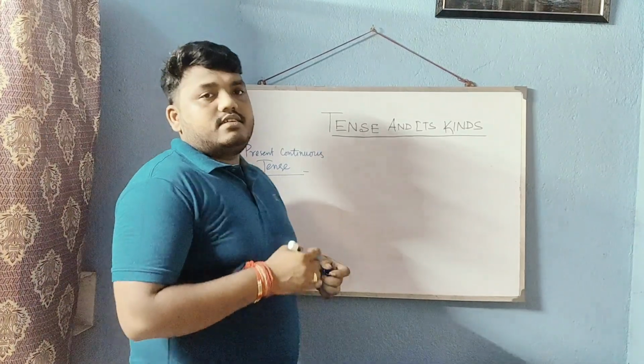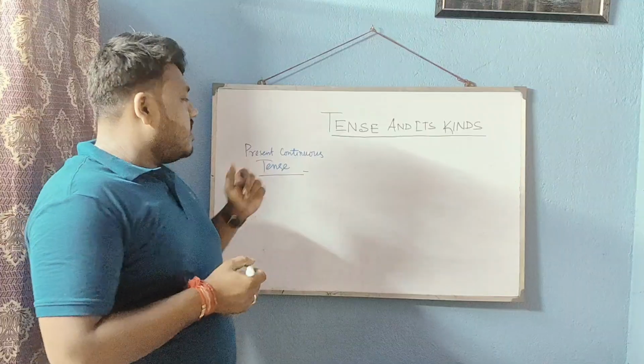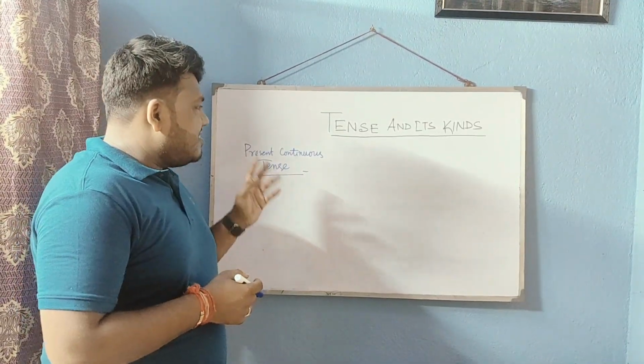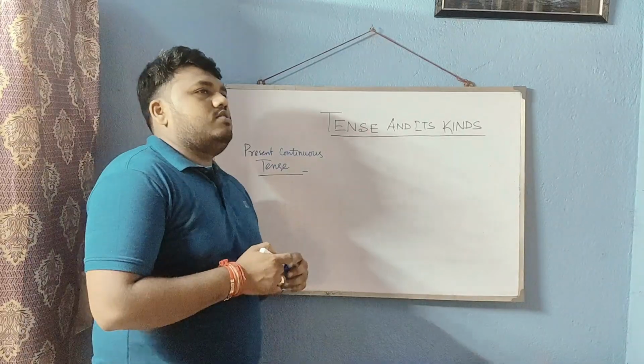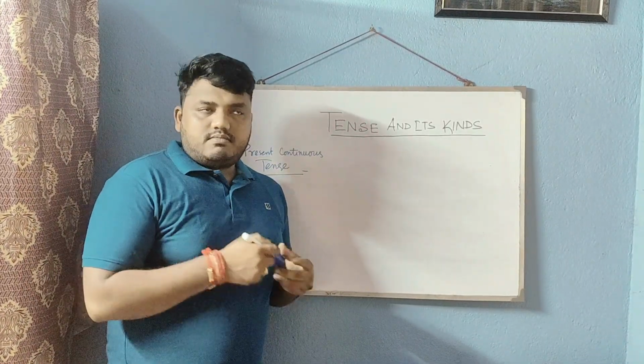We have come to know that an action that is taking place in the present time is known as present continuous tense. But present continuous tense is also used for an action that is going to happen in the near future.